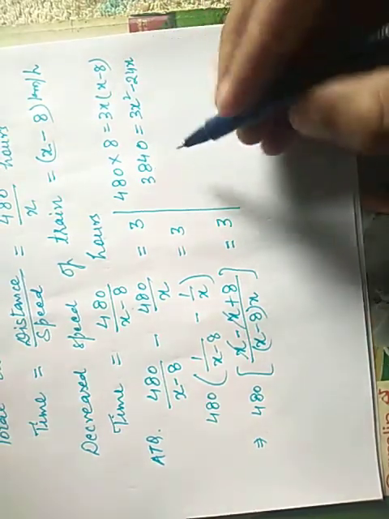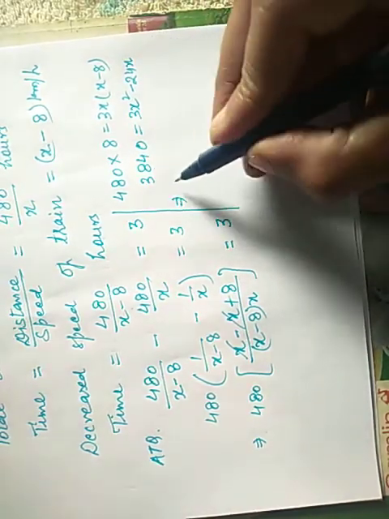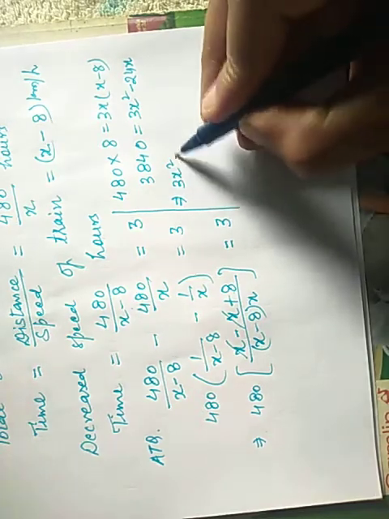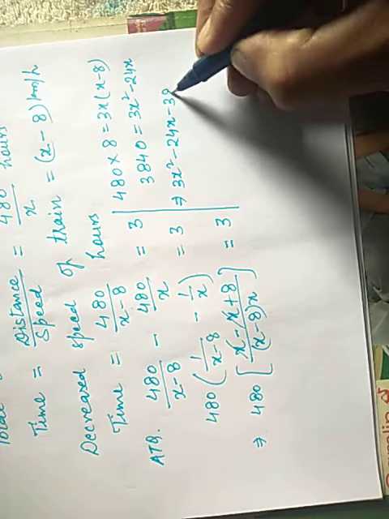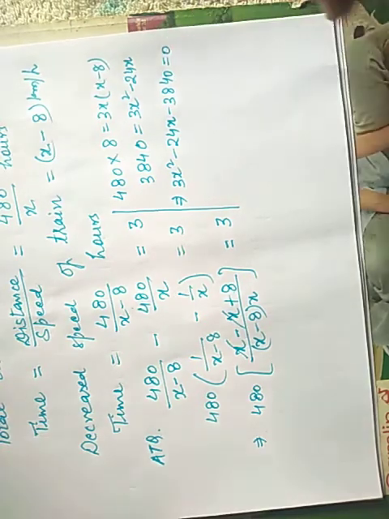We can shift this to that side. Finally we will get 3x square minus 24x minus 3840 is equal to 0.